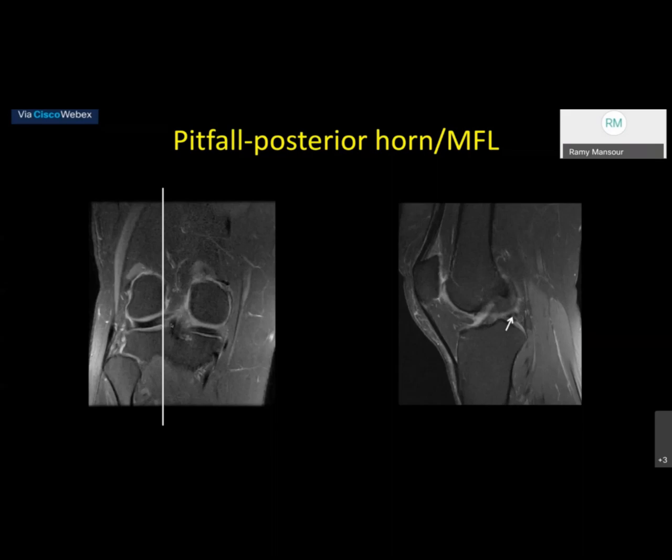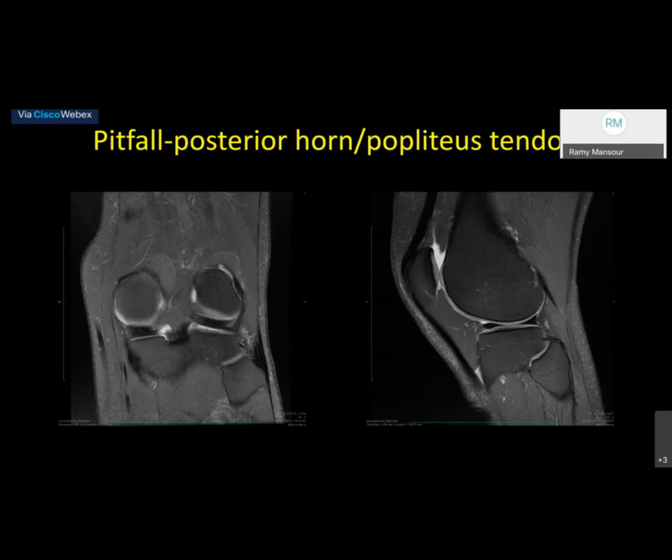This is just the junction, and that's why it looks heterogeneous like that. A true tear you would expect to see further in the meniscal posterior horn itself. This can lead to overcall of a meniscal tear in a normal patient.